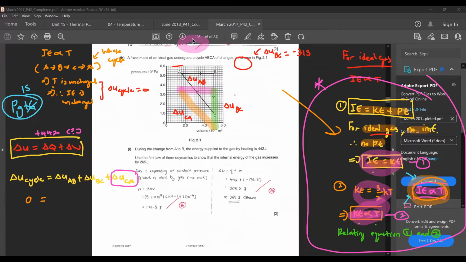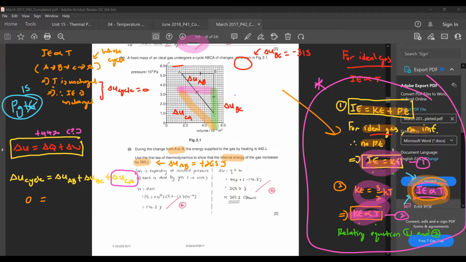And then you look at from A to B, from the previous page, you already proved that the internal energy is increasing by 265 joules. So this one is delta UAB equals to plus 265 joules.